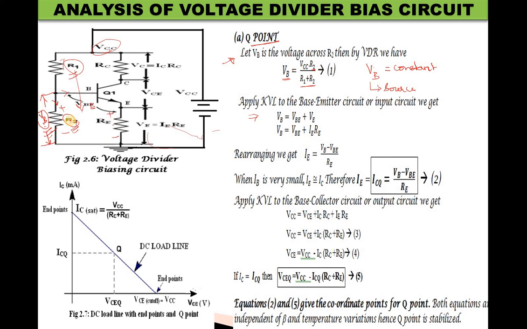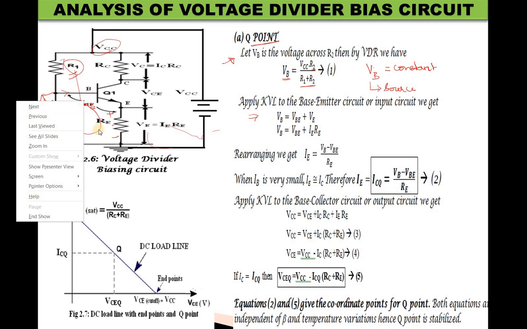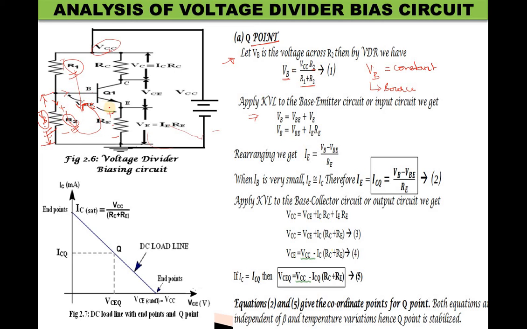These two will have one formula and this will have one. In this case, current is actually entering like this, this is plus and this is minus. When I write like this, I will get minus VB plus VBE plus VE is equal to 0, since I don't consider any voltage source.